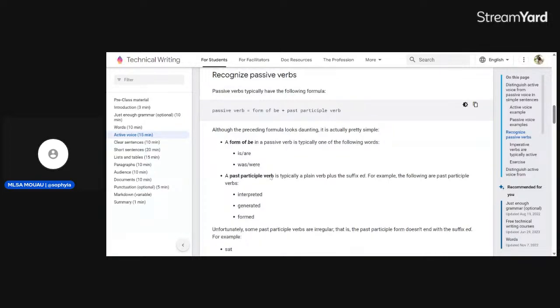Then a past participle verb is typically a plain verb plus a suffix. It will be things like formed, generated, interpreted, recommended. Those are past participle verbs.